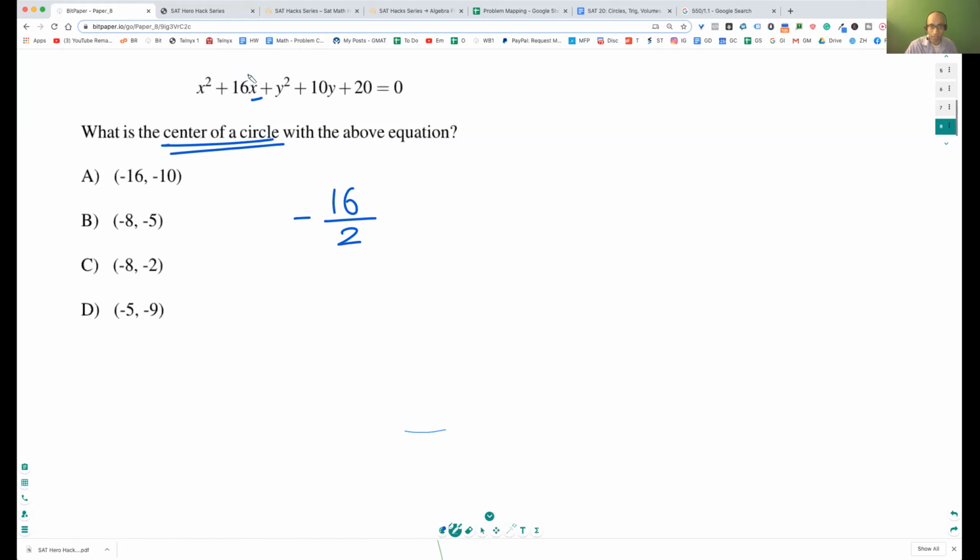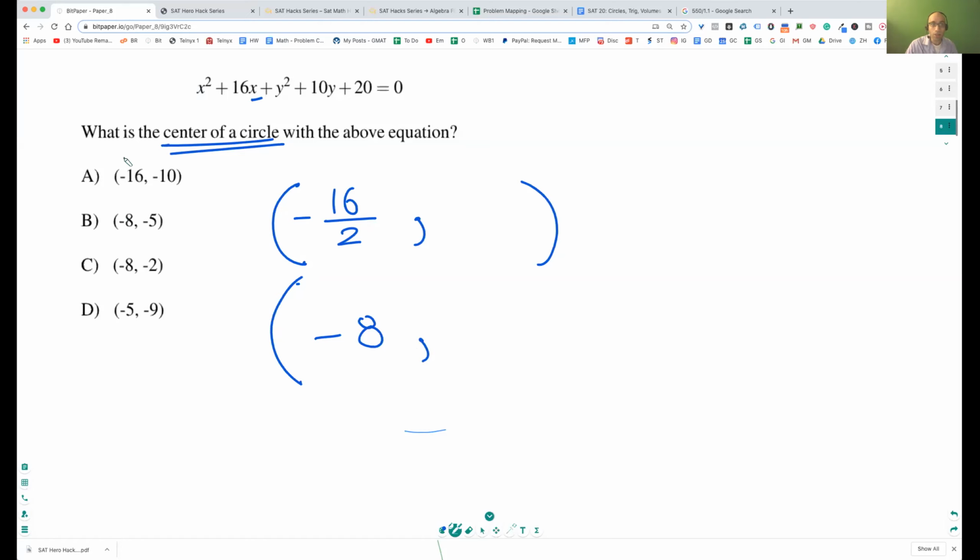You write this one more time. You take this number, the coefficient, you write 16, which is over here. You divide it by 2 and put a negative sign. And boom, that number is the X coordinate of your center, which means you're going to put it just like this. So what is this? This is -8.